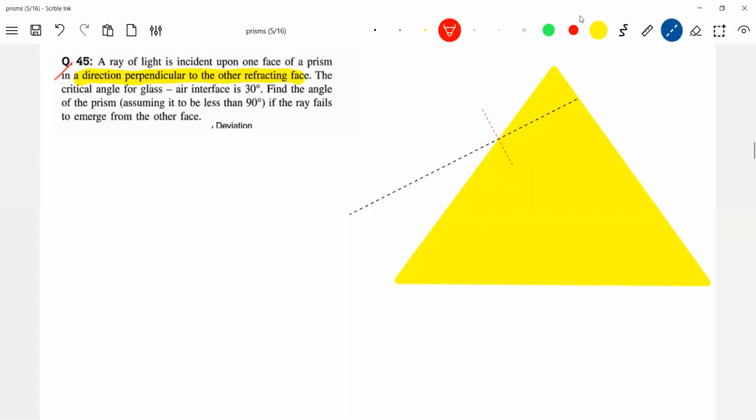It will undergo... So here no. Afterwards, what will happen? The critical angle for the glass-air interface.